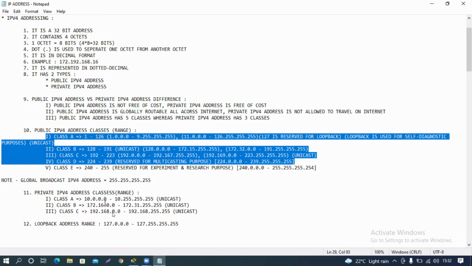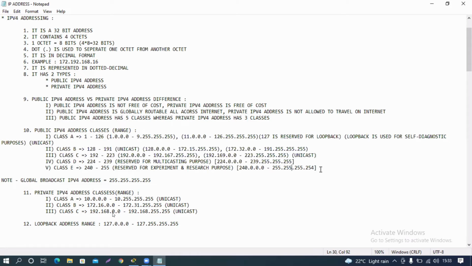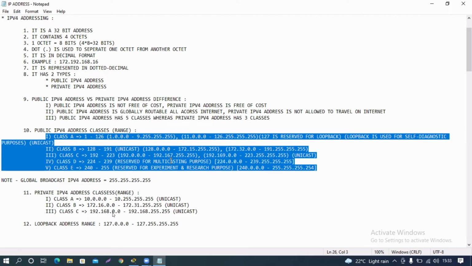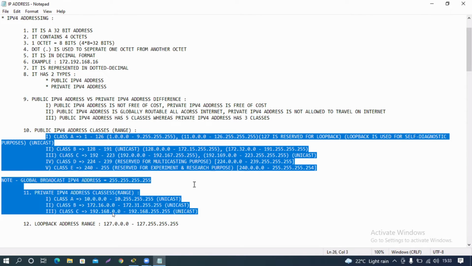At that time, if you ask which class, which particular type, there will be a problem. Make sure that you memorize these values in such a way that you never forget them in your entire IT career.